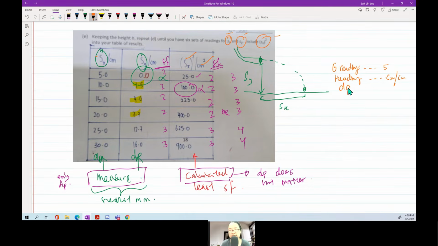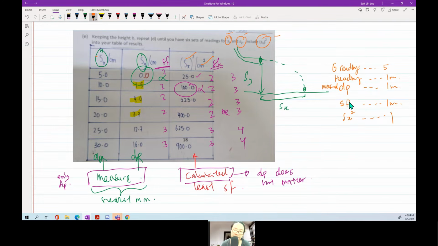Then we will check the decimal point, 1 mark. For decimal point, we will check the measured value, measured DP. Then we will check the significant figure, 1 mark. Then we will check calculation of SX squared, not always, but sometimes.